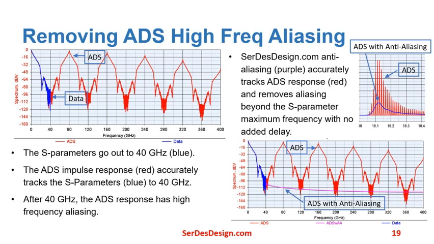SerDesDesign.com anti-aliasing, the purple curve in the lower right graph, accurately tracks the ADS response and removes the aliasing beyond the S parameter maximum frequency of 40 gigahertz. This is done with no added delay as shown in the upper right graph.